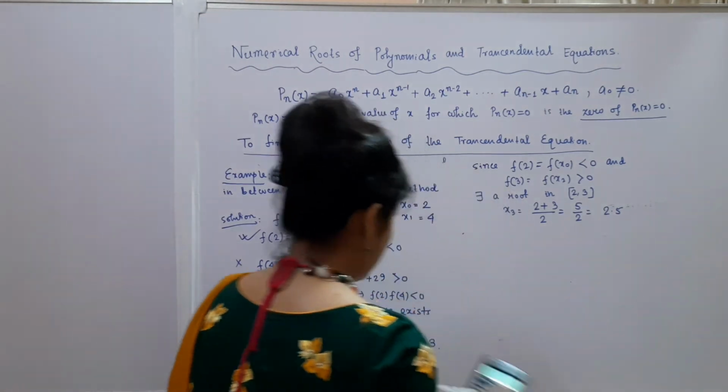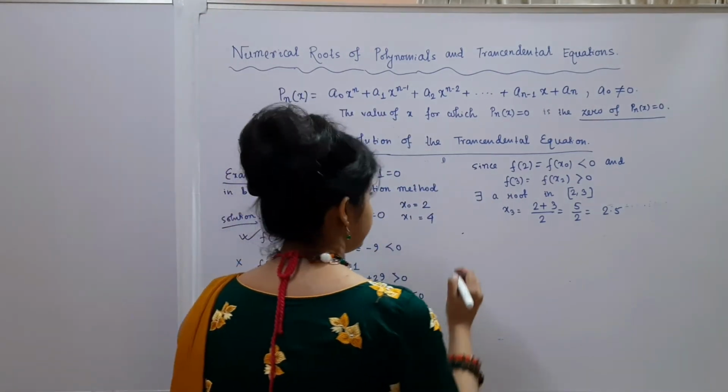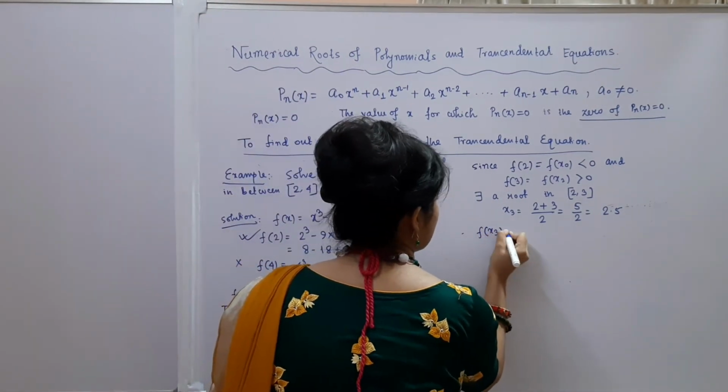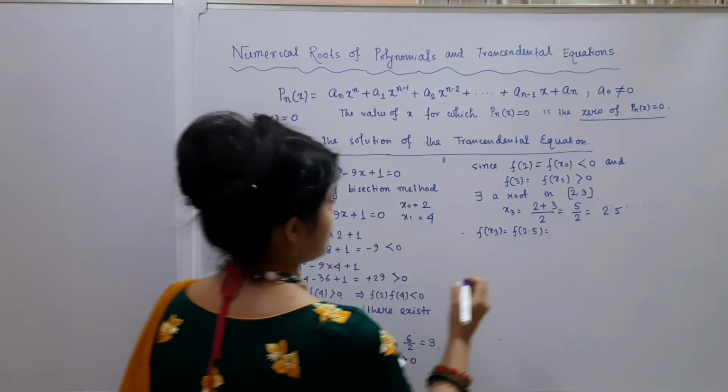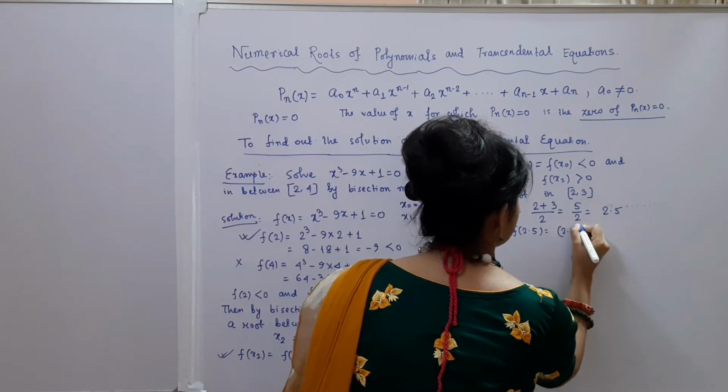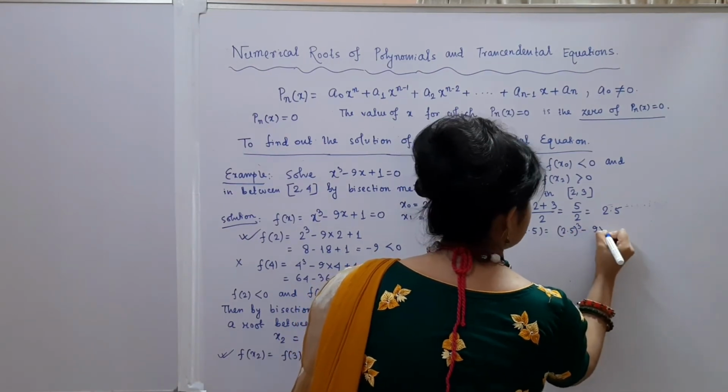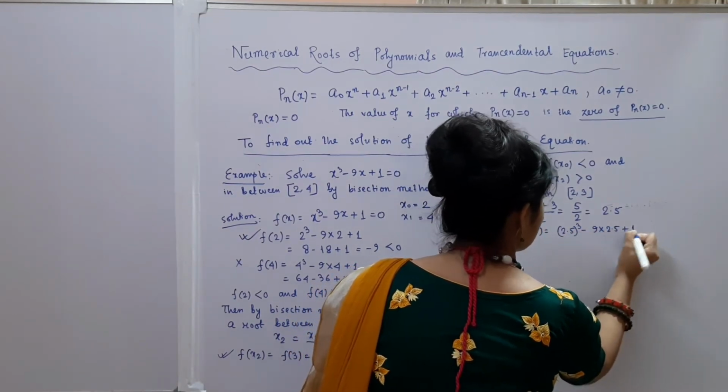Now you have to find out the nature of this root, that is 2.5 whole cube minus 9 into 2.5 plus 1.